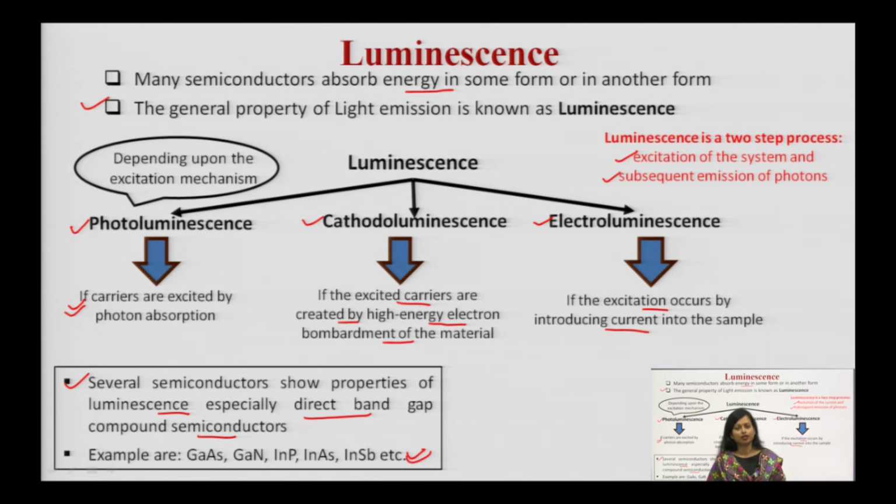The value of the vector k is the same. That is the direct band gap. So, many semiconductor materials show the properties of luminescence. Now, let us discuss each type of luminescence, which is photoluminescence, cathodoluminescence and electroluminescence, in detail.